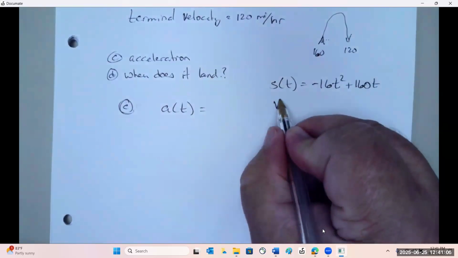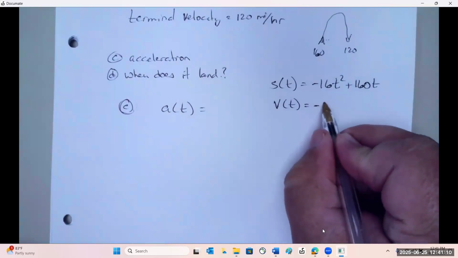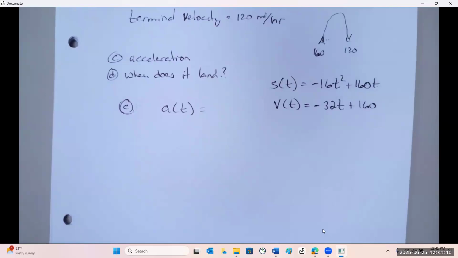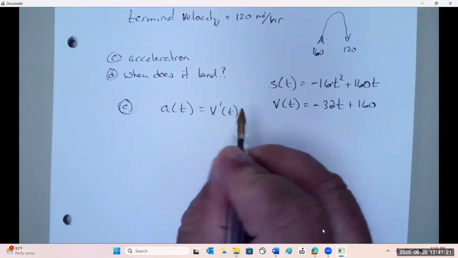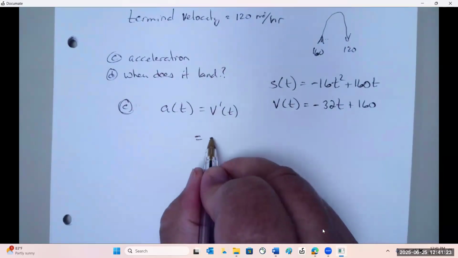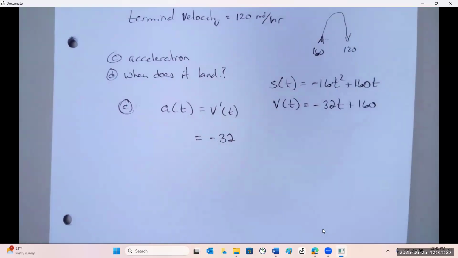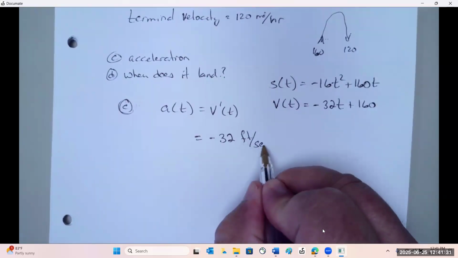So the velocity is negative 32t plus 160. And the acceleration is the first derivative of velocity, which makes it negative 32 feet per second squared.